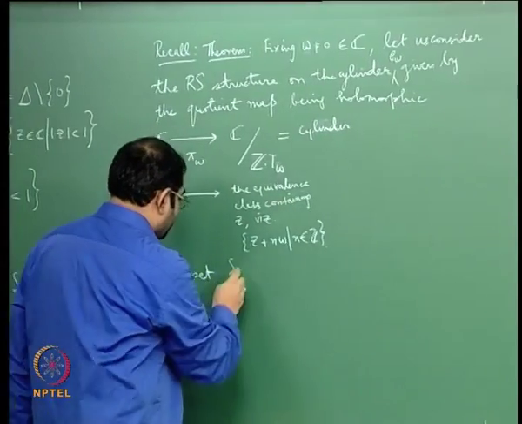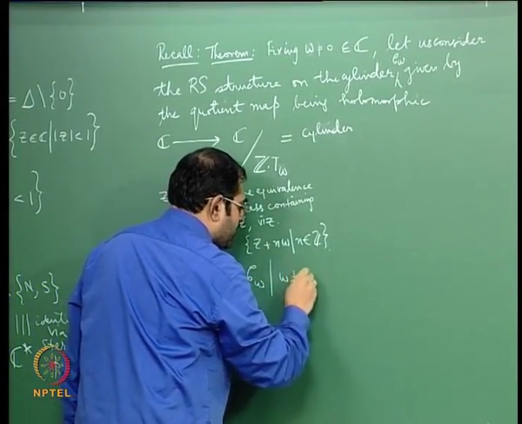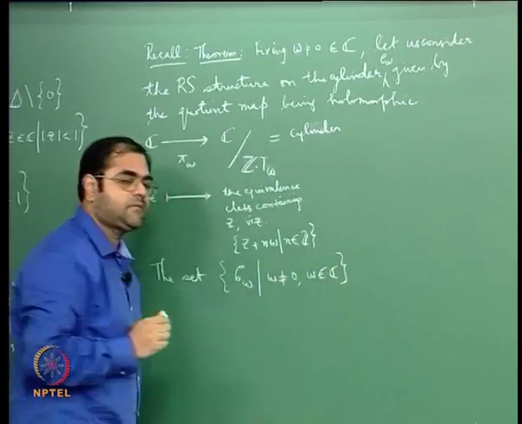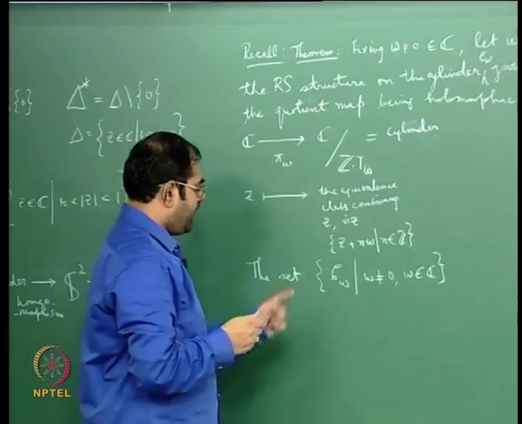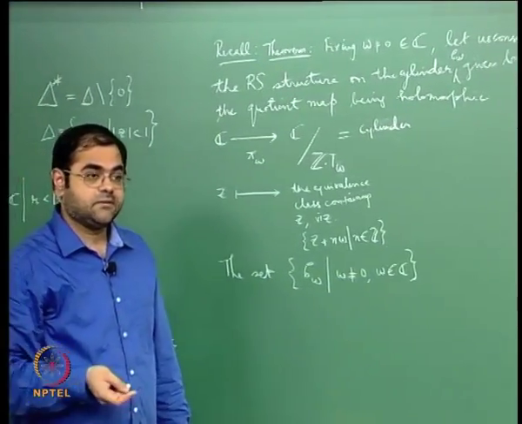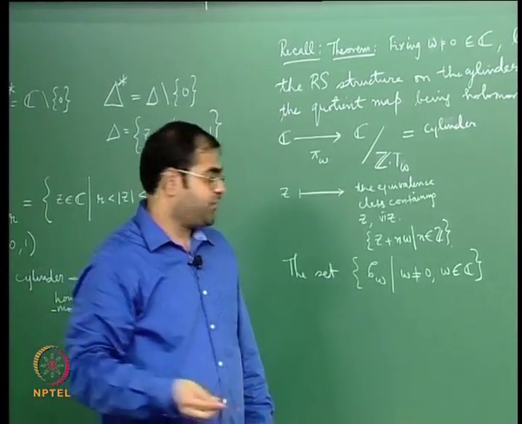So you take the set C sub omega, where omega not equal to 0, omega is a complex number, take this set, and then you go modulo the equivalence relation, which is isomorphism of Riemann surfaces.